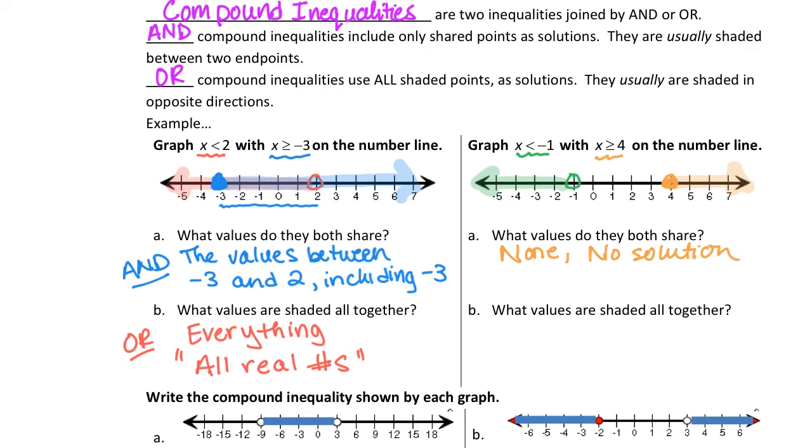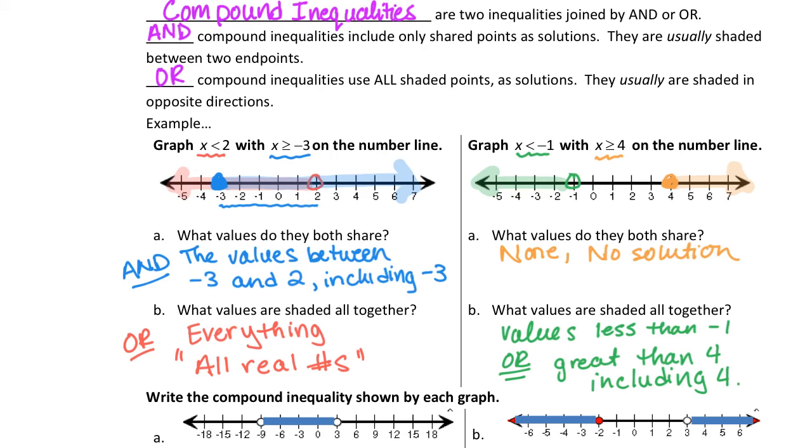Then for the second question, what values are shaded all together? That would be anything less than -1, or, remember that, or anything greater than 4. It's also important that we put including 4, because the 4 did have an equal sign, and we did fill in that circle.